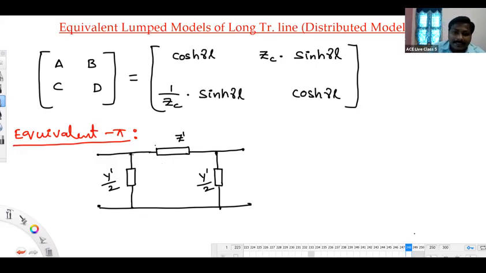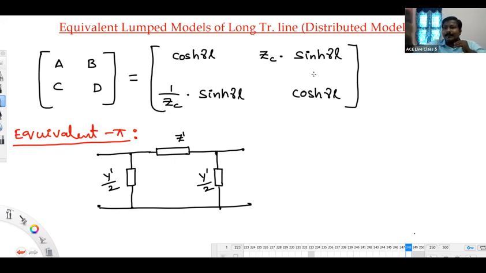What are the ABCD parameters of this equivalent pi now? A equals D equals 1 plus Z dash Y dash by 2. That value we should make equal to cosh gamma L. What is parameter B for this equivalent pi model? Z dash. What's the parameter B of the transmission line?